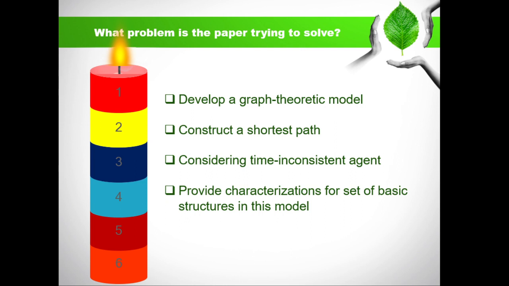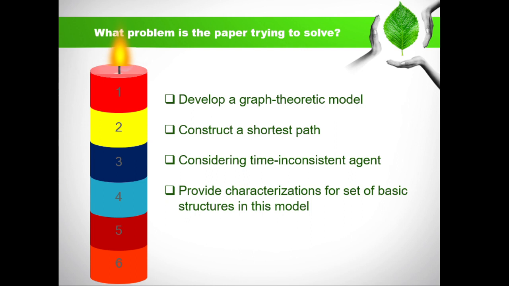This time inconsistency is a behavior of a human or a person. For example, a student plans to do his or her homework on a specific date, but because humans change their minds constantly, the goal may not be achieved, or before achieving the goal, there were a lot of paths the student went through.